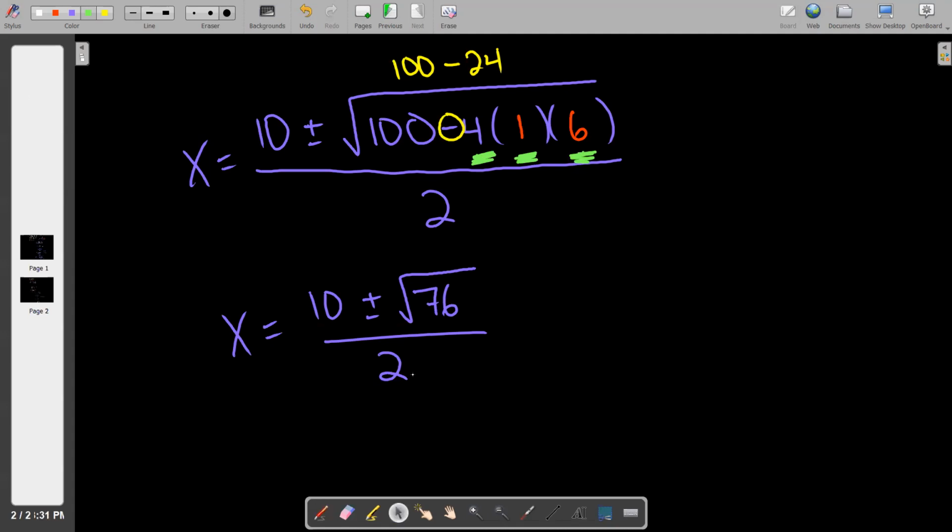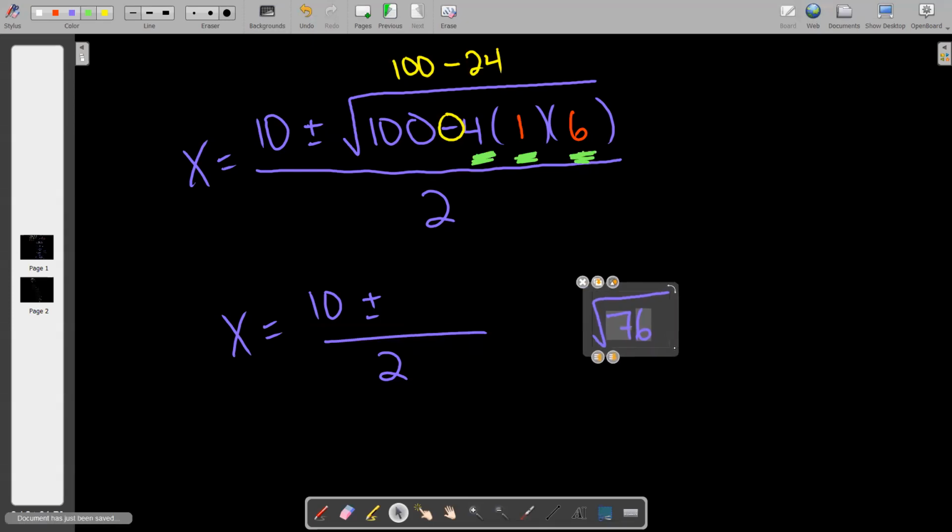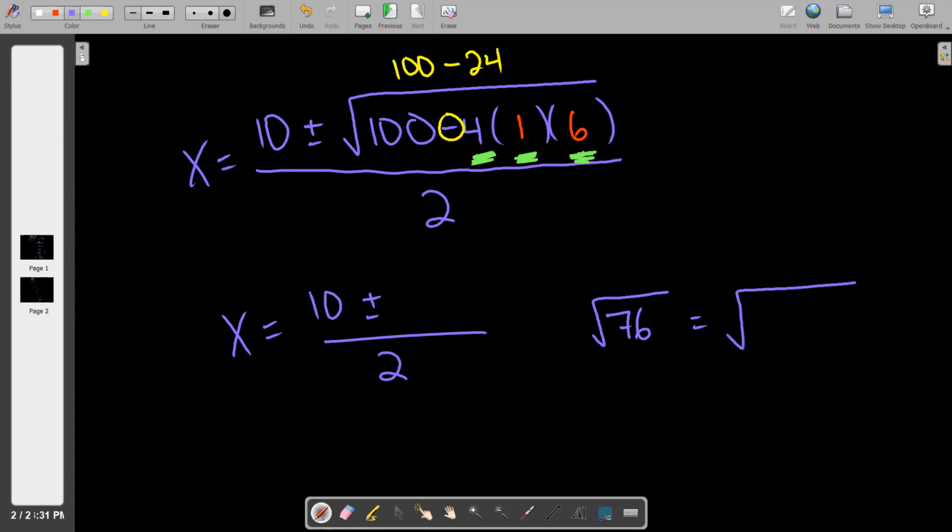And now it's time for us to take this square root of 76 off to the side and say, okay, I need to find a better version of you. You're the square root of what times what? What would we multiply to make 76? There is one good combination. 4 times 19 makes 76.